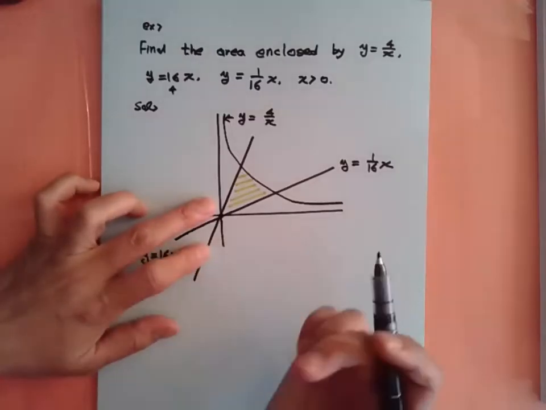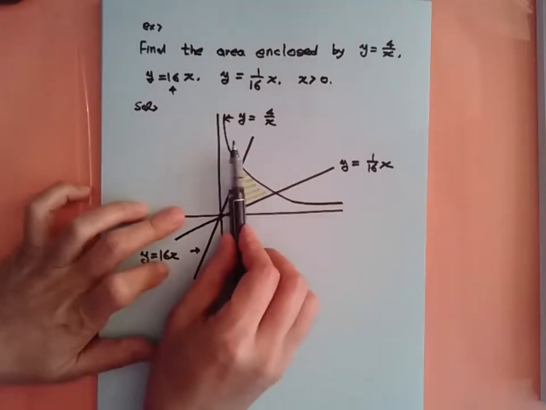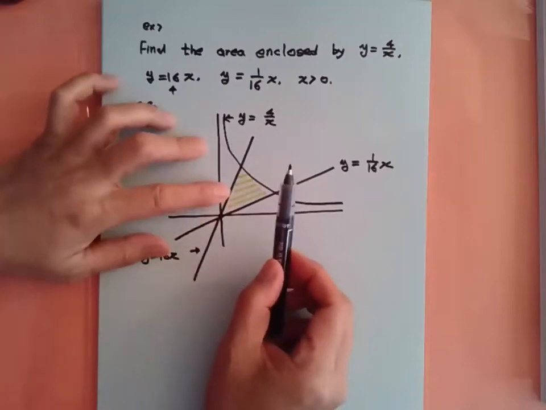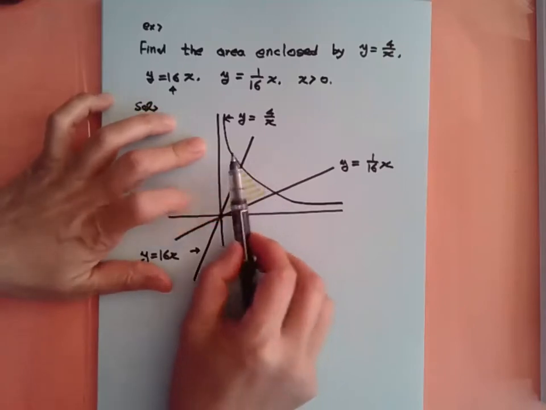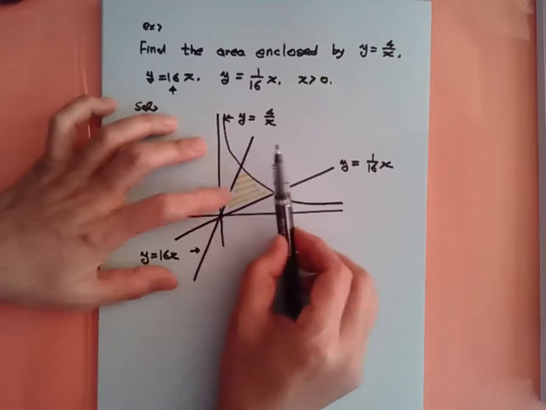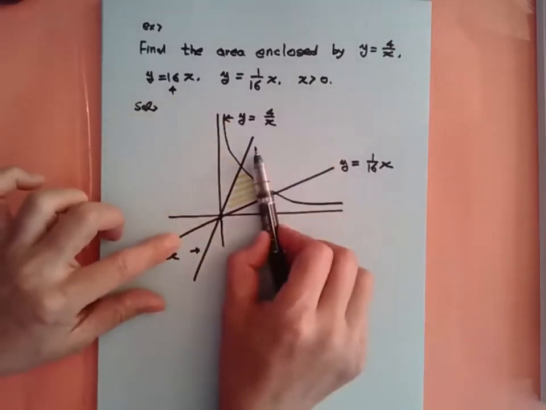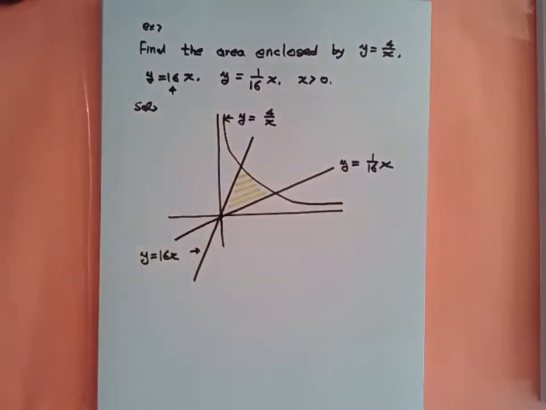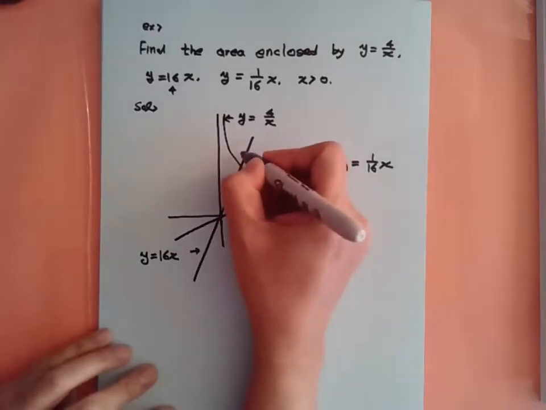If you look at the picture, when you look at this part, 2 straight lines are involved. But if you go further, then at a certain point, this curve and 1 straight line is involved. So we have to subdivide the region into 2 different regions. Let's draw the vertical line here.